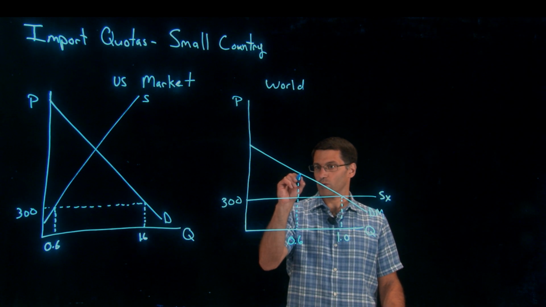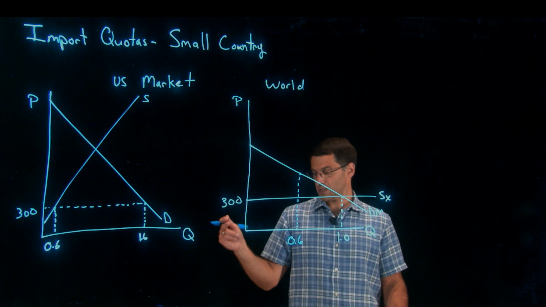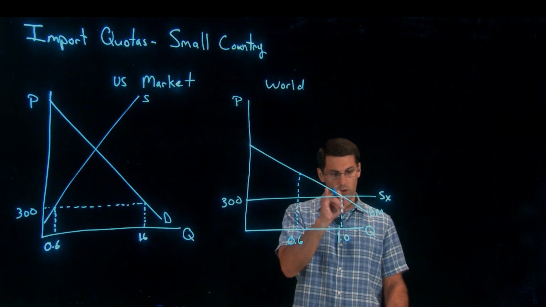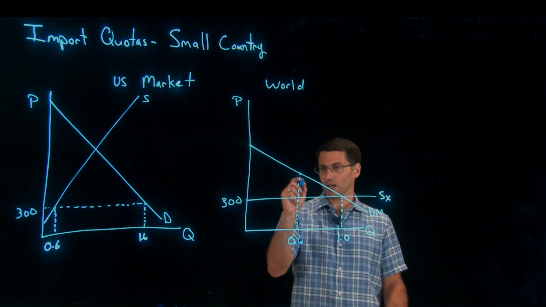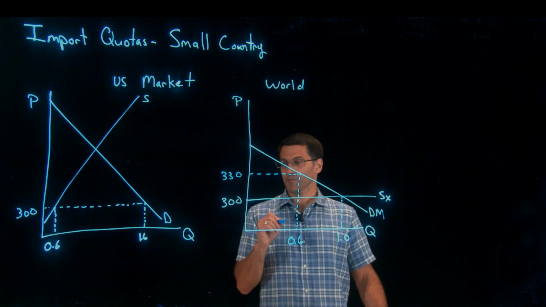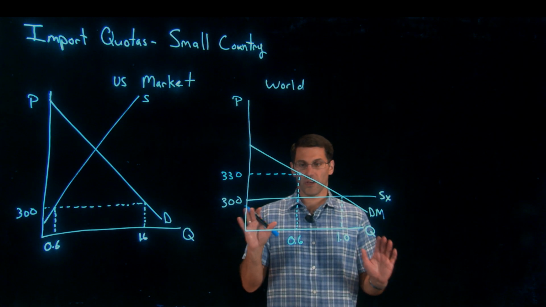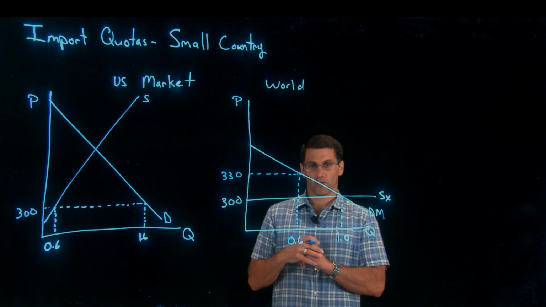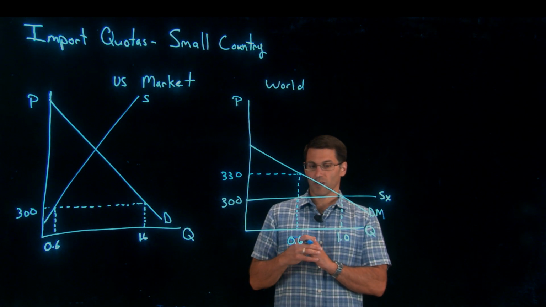And so when we do that, what do we see? We see that the point on the import demand curve at 600,000 equates to a price of 330. Again, I'm not trying to draw anything to scale here, just want to make sure that everything is fairly easy to see.